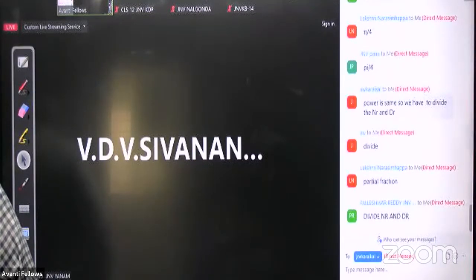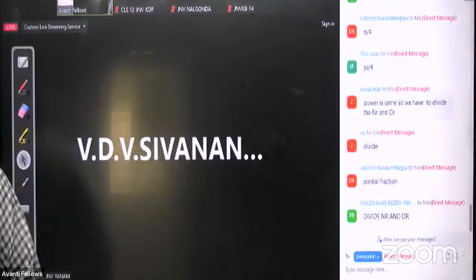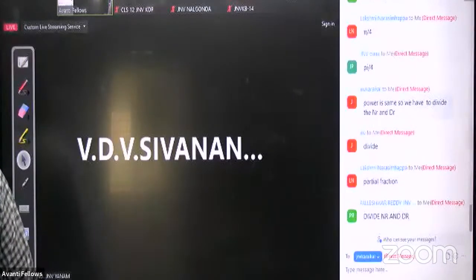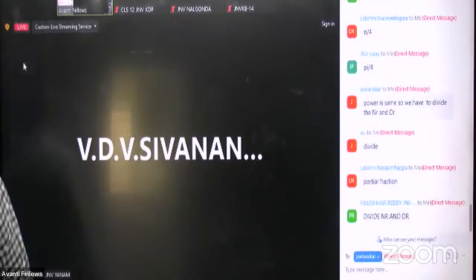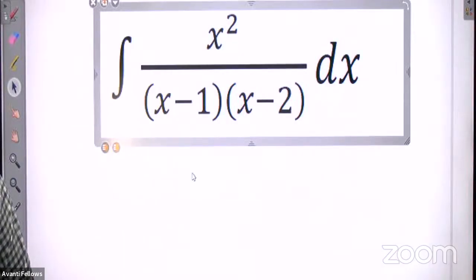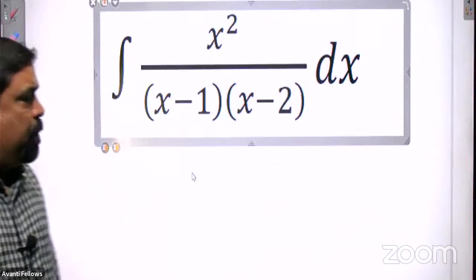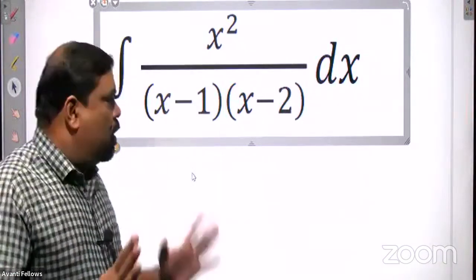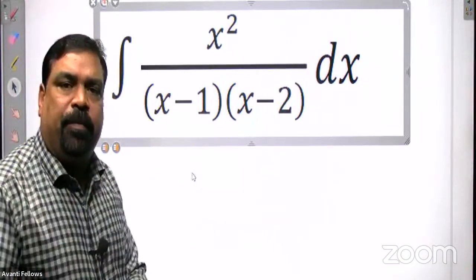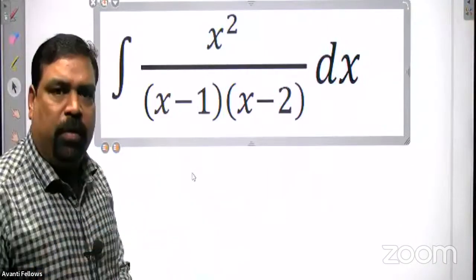Partial fraction. Some comments are coming. Very nice. Divide, partial fraction, all these are coming. So what is the method actually? Sometimes we may commit a mistake. Some people directly go for the partial fraction, but that is wrong.